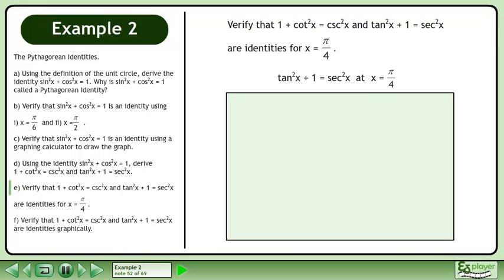Now we'll verify tan squared x plus 1 equals secant squared x at x equals pi over 4. Rewrite tan squared x plus 1 equals secant squared x. Plug in pi over 4 for x.